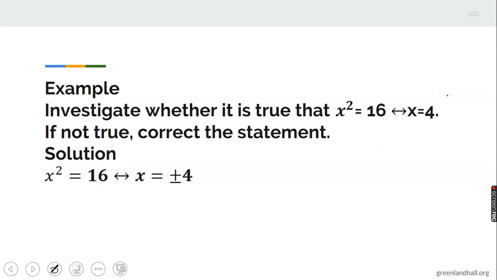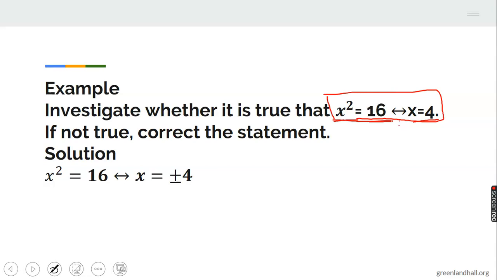Now, more example. Investigate whether it is true that x raised to power 2 equals 16 if and only if x is 4. If it is not true, correct the statement.